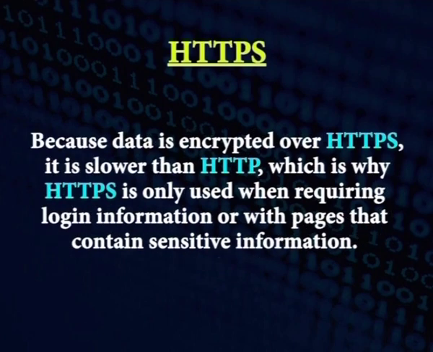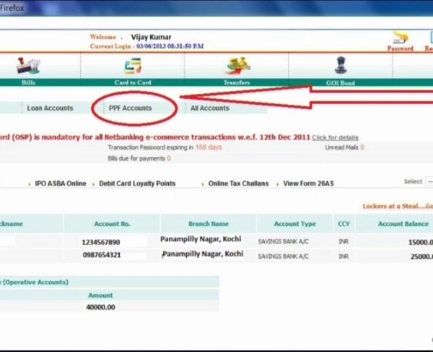Because data is encrypted over HTTPS, it is slower than HTTP, which is why HTTPS is only used when requiring login information or with pages that contain sensitive information. For example, while doing an online transaction on a bank web page using a debit or credit card, while doing online shopping, etc. This is all about HTTP and HTTPS.